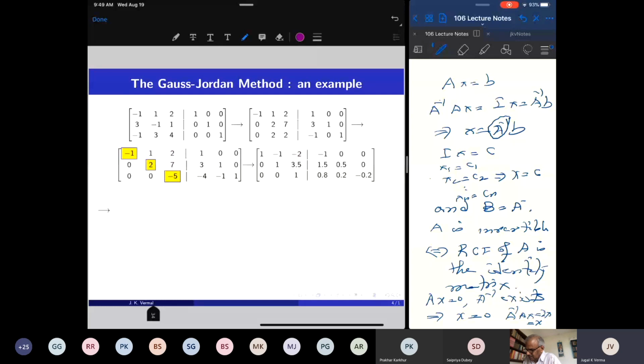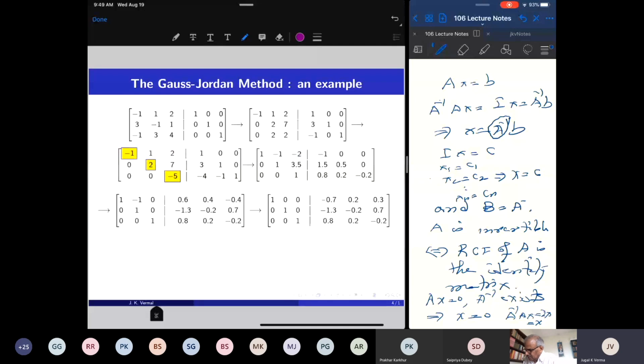And now we convert this into the row canonical form by elementary row operations, and this is what we end up with. So the original identity matrix, by these elementary row operations, is converted into this. This matrix A is converted into the identity matrix. So A is invertible, and this is the inverse. This is A inverse.